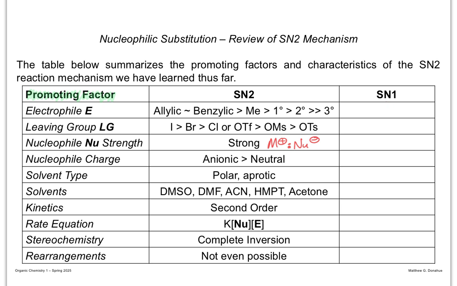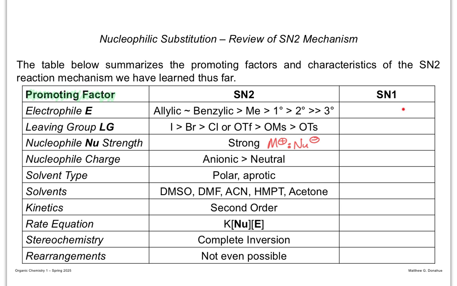Why? Because of this right here, tertiary groups. So tertiary substrates still react, they just do it through this. So what do you think the 1 means in terms of the mechanism? Unimolecular.